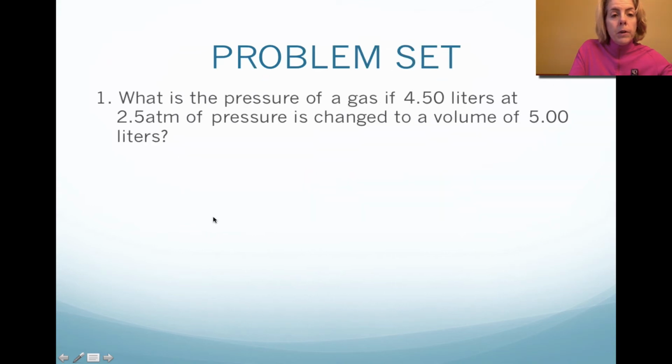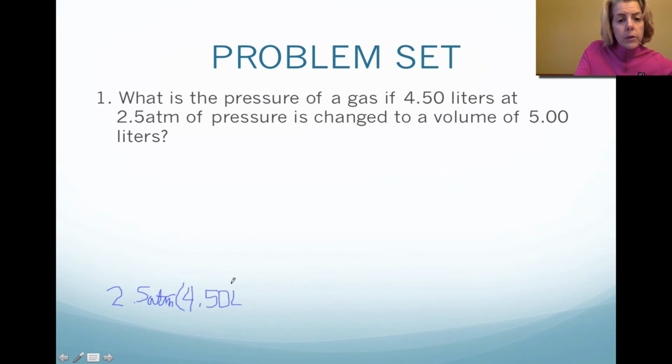Okay, so very first problem here. Here we have 4.5 liters and 2.5 atmospheres. So I'm going to multiply them together: 2.5 ATM times 4.5 liters. Please use units, that's really important. And that equals some pressure, we don't know what that is right now, times 5 liters.